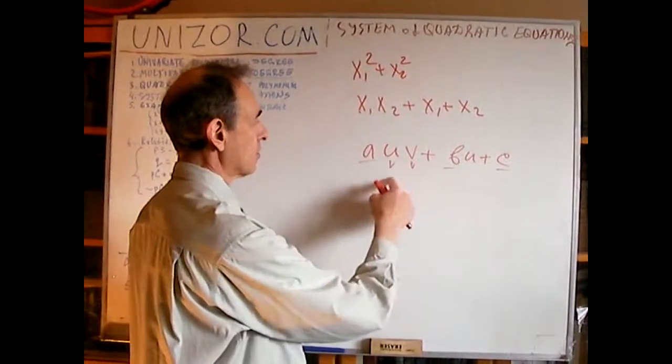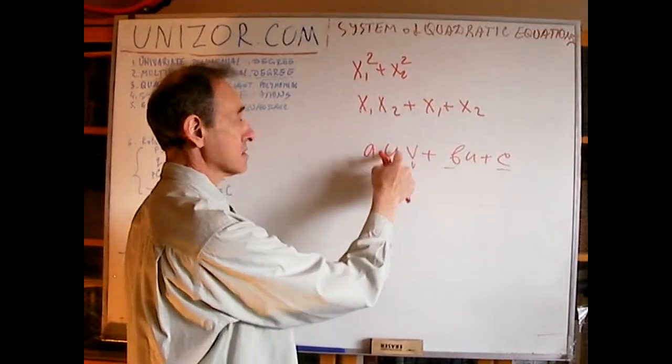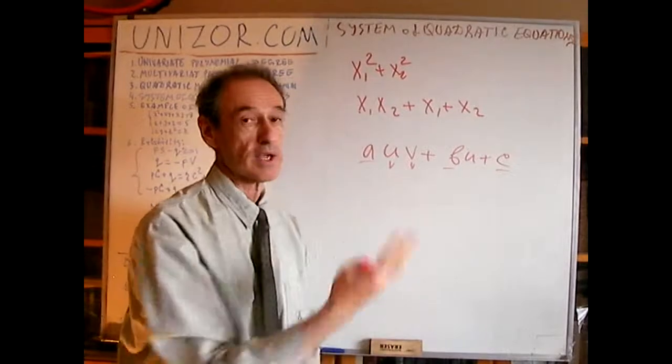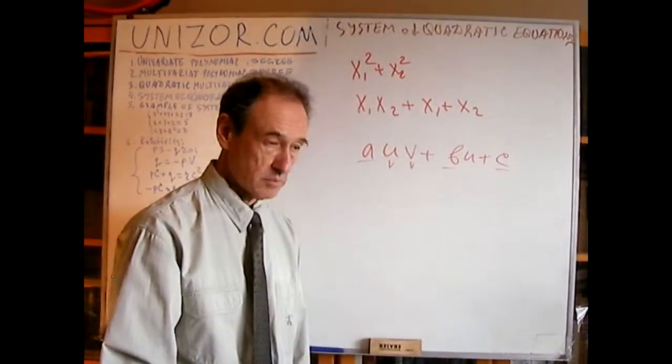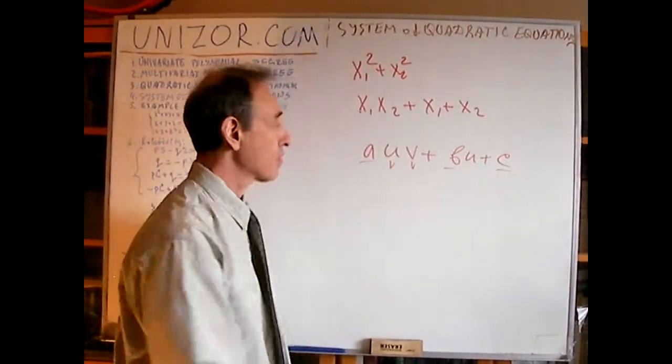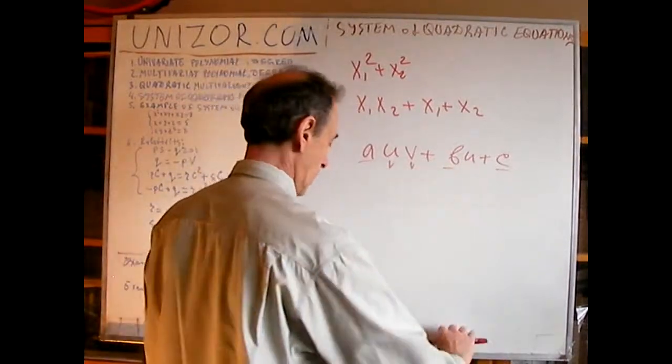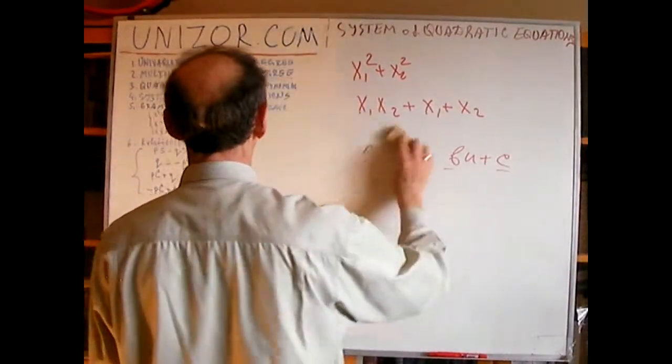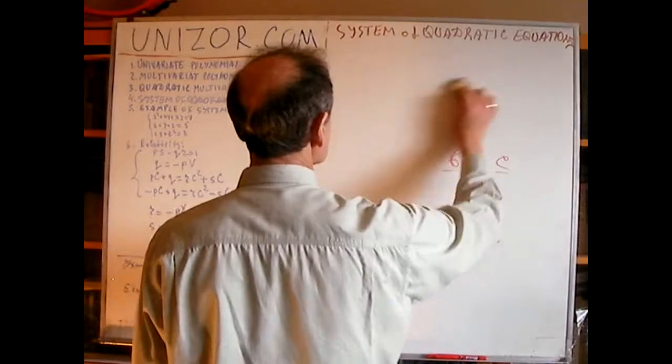Because in this case, the combined power of this particular term is 1 plus 1, which is 2, so it's a quadratic polynomial, multivariate, which depends on two variables, u and v. All right, so that's all about the theory of what is a quadratic polynomial.